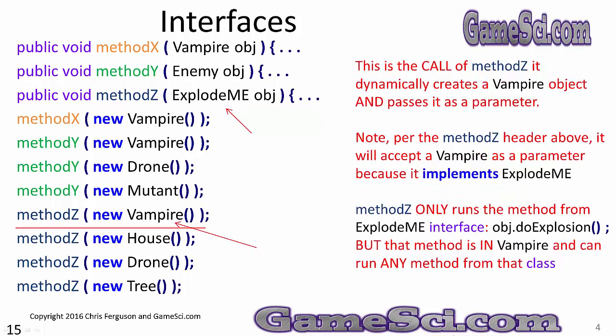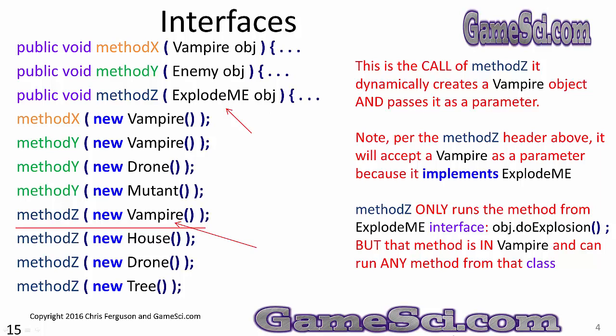Let's call method Z and pass it a new Vampire object. This is the call of method Z that's underlined here. It dynamically creates a Vampire object and passes it as a parameter to method Z. Note, per the method Z header above, it will accept a Vampire as a parameter because Vampire implements ExplodeMe.